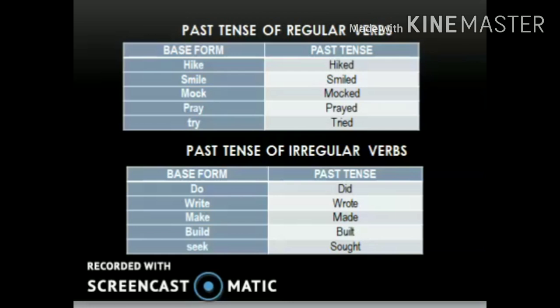Look at the chart. It shows 2 kinds of verbs, regular and irregular. Look at the examples of regular verbs and notice how the past tense of these verbs is formed.